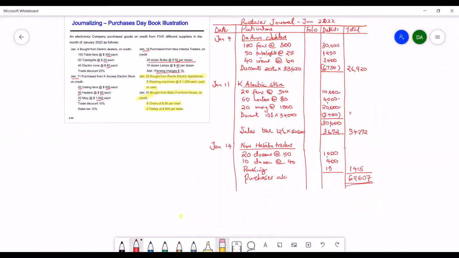In the general ledger, we're going to debit the purchases account 62,607. Individual transactions for D and dealers, K Electric Store, and New Habiba Traders will be credited in the individual suppliers' accounts. But the double entry is made of the total in the purchases account in the general ledger.